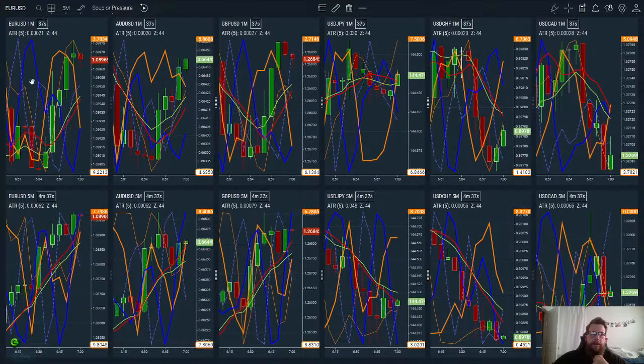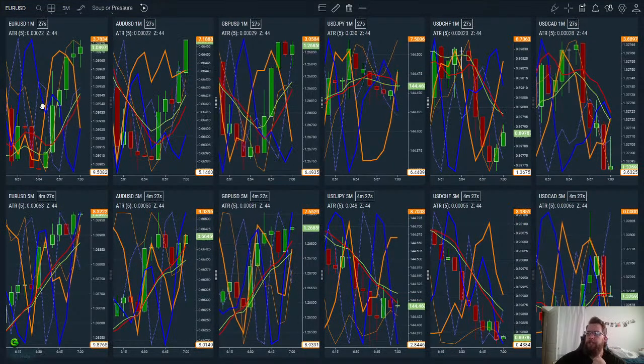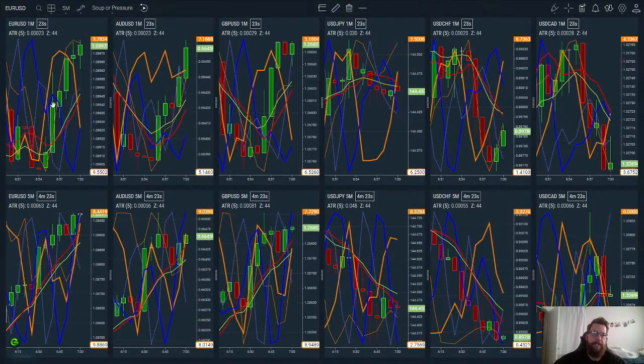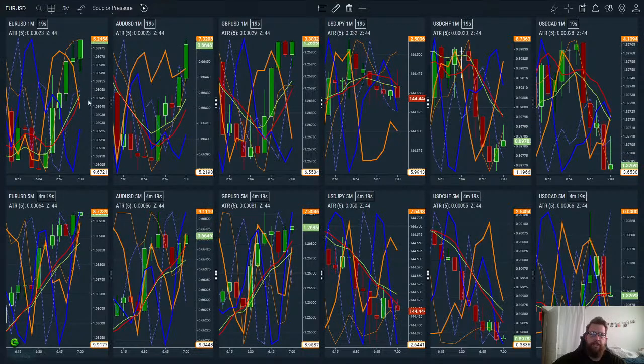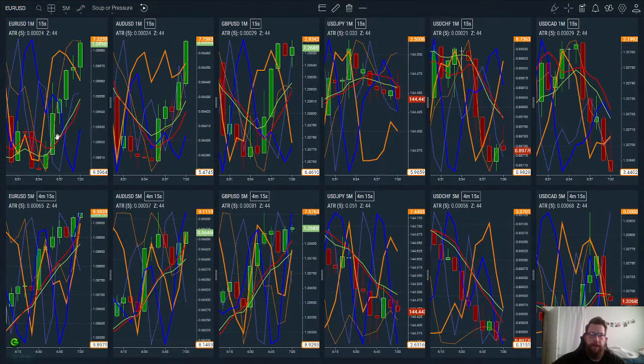And then all the rest of the lines, which is called the TNT indicator, kind of helps give us confirmation whether or not we should get in on the signal. And a signal is basically whenever the price action interacts with the pressure, so whether it crosses through or bounces off of it.